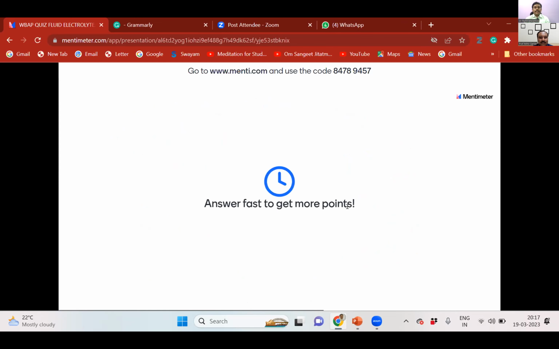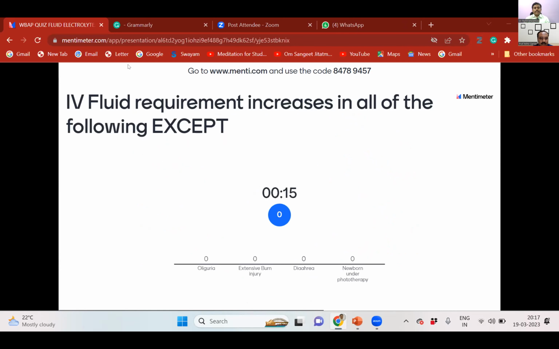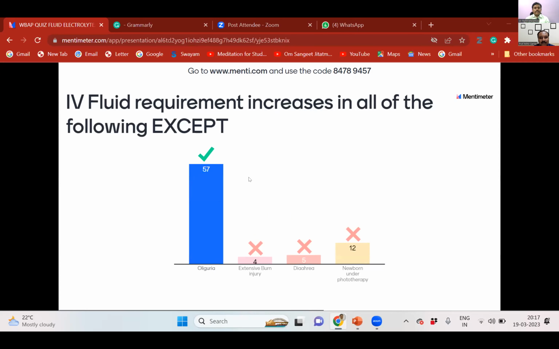Question number 16. Again, many correct answers.